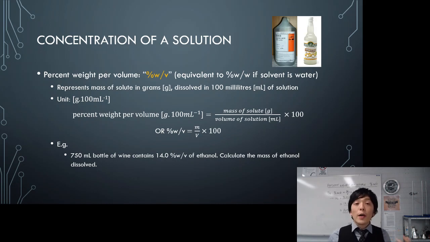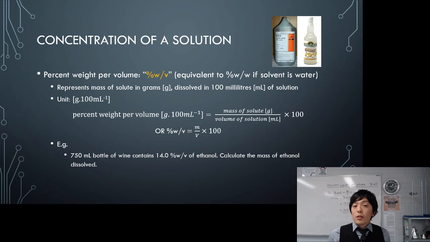Vinegar is a solution of ethanoic acid, and ethanoic acid usually is like 4 to 6% for vinegar that you can buy off the shelf. If it's wine, about 14% of the red wine would be ethanol. So it's mainly water and other stuff, but your 14% would be alcohol, and it's expressed in percent weight per volume or percent weight per weight. It just means really percent.